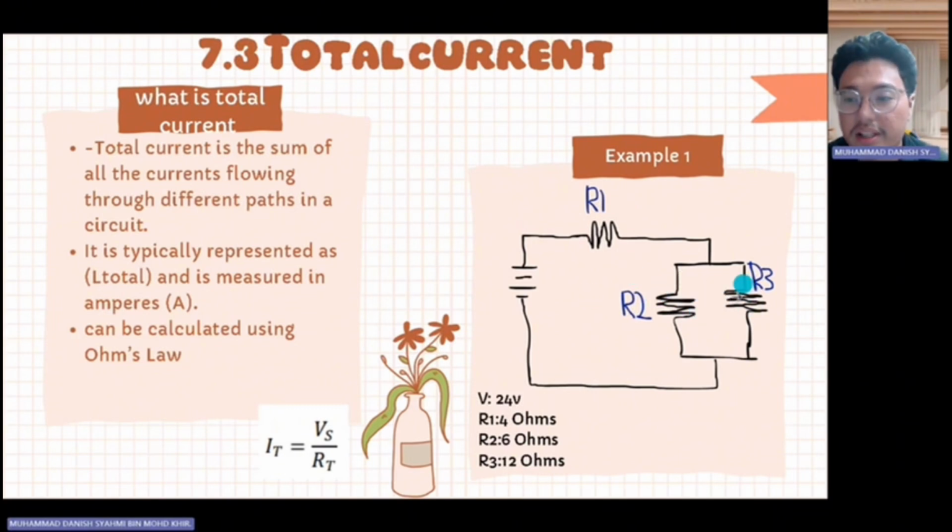So we must first calculate the current in R3 plus R2. Then when we add it together, it will become series with R1. So R1 is the same as R2 plus R3. So we know the total current in this circuit.